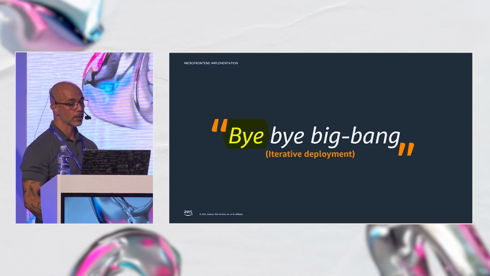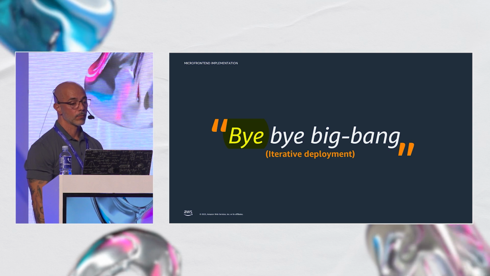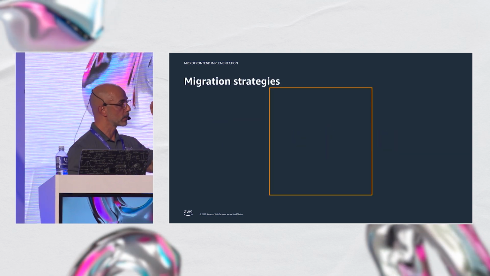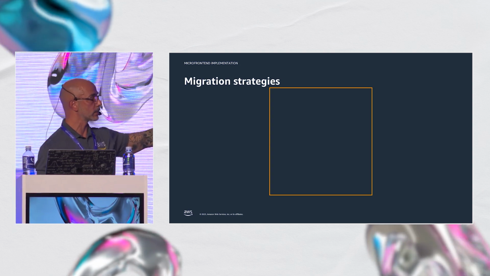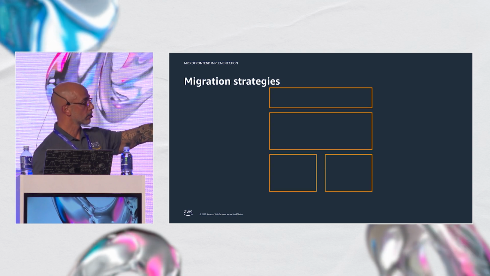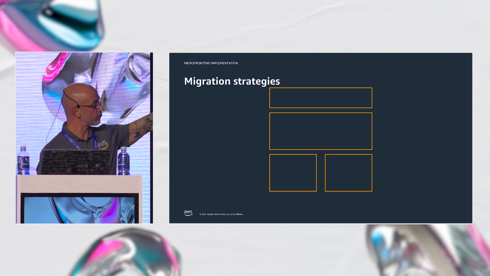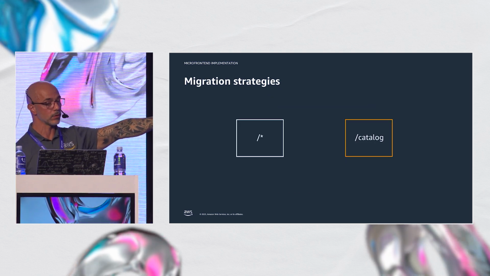So we look at how to do iterative deployment. And what happened here is you want to build a migration strategy. We have a monolith, single-page application. We start to build modules. From the module, we start to develop a single one. So I have everything in the white and my new micro frontend module /catalog.